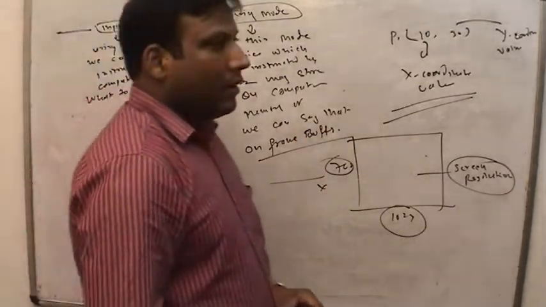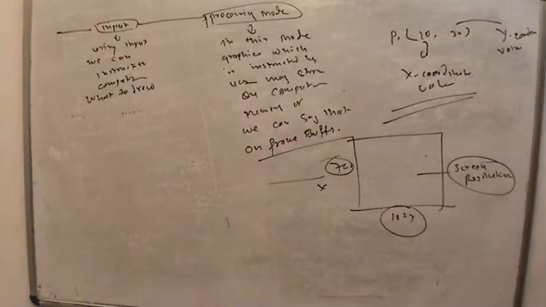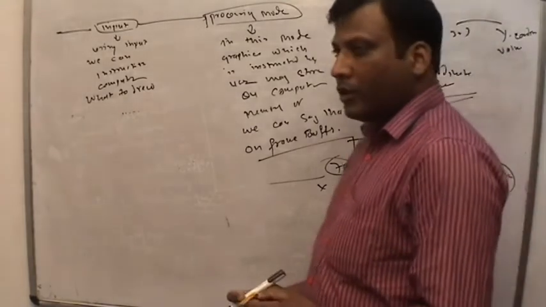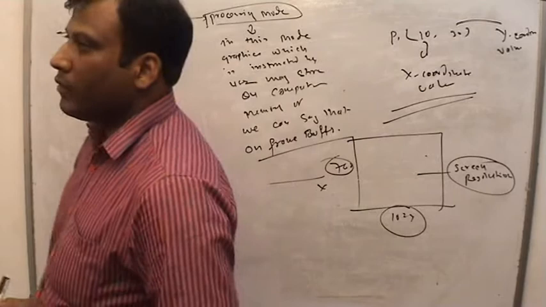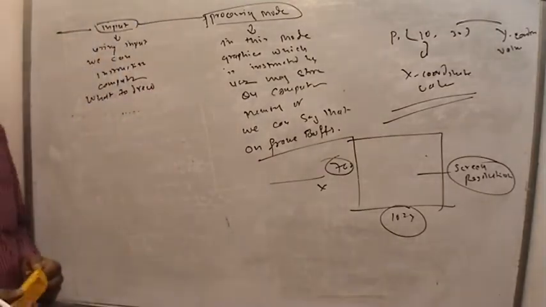Frame buffer is the area which holds the pixel information of any graphics, and you can use the default frame buffers, or we can use the frame buffers purchased from the market.